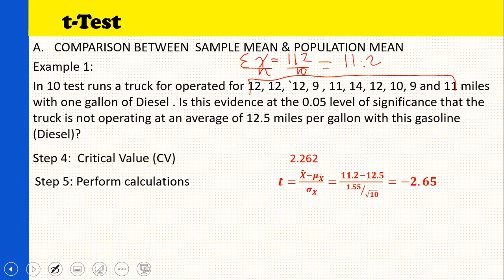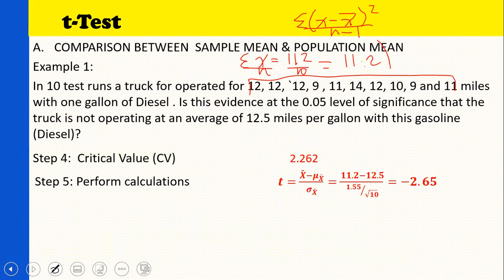Okay? And paano natin nakuha ang standard deviation? In our previous lesson, we have already computed the standard deviation. So the standard deviation for this group is x minus the mean, quantity squared, all over n minus 1.